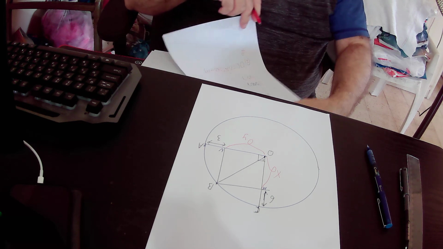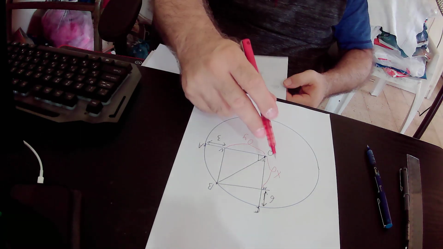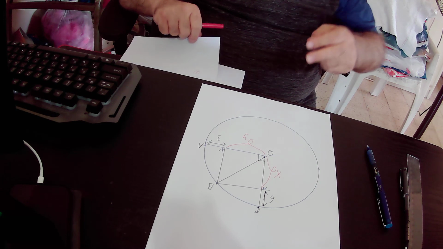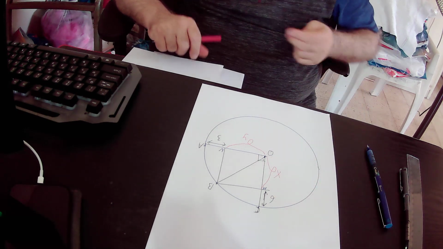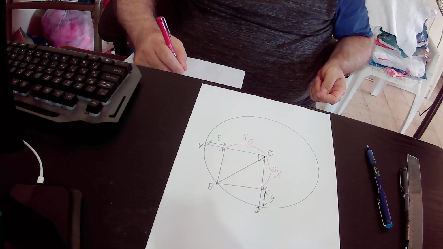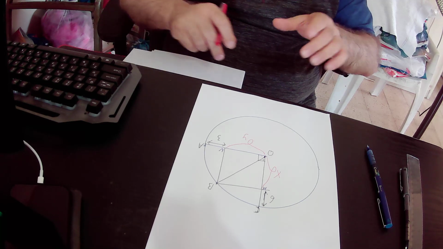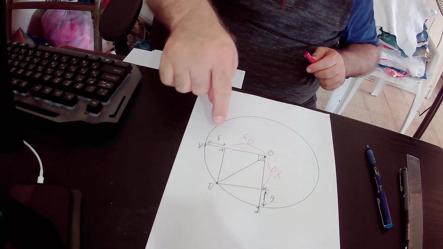OC equals OA, they are the radiuses of the circle, but OC equals X plus 6, and OA equals Y plus 3.